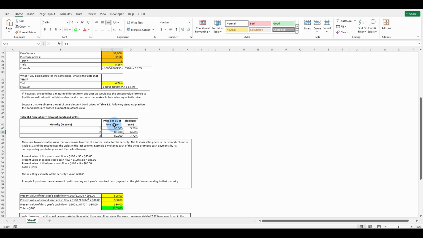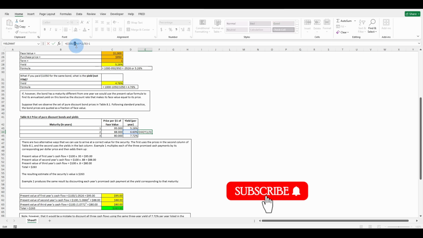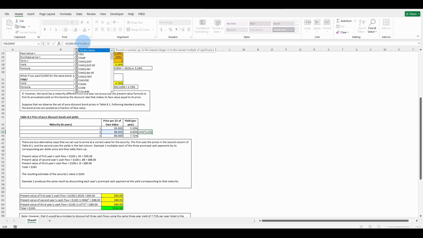Second, for this price, we can go through and do the simple math to determine the 88. We can do it a couple of different ways. We can take 100 divided by C44, raised to the power of 1 divided by 2, minus 1.